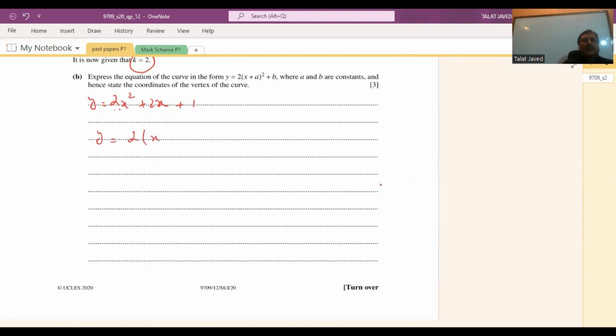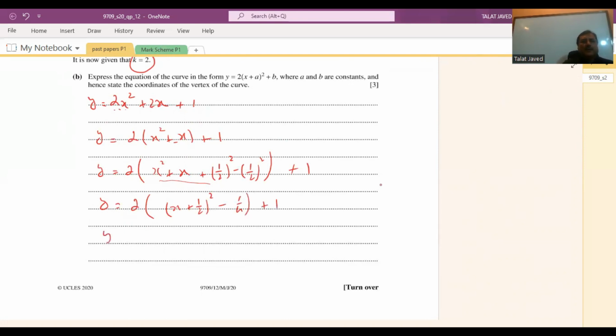Two times (x squared plus x plus 1). Now to complete the square, for x squared plus x, the coefficient of x is 1, its half is 1 by 2, its square will be added and subtracted. So we have completed the square. This will be (x plus 1 over 2) whole squared minus 1 over 4 plus 1.